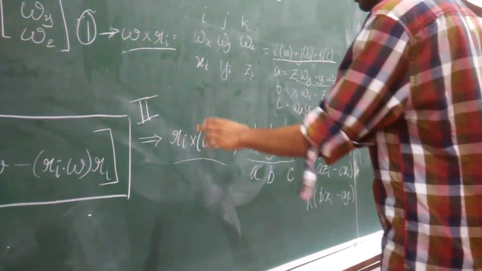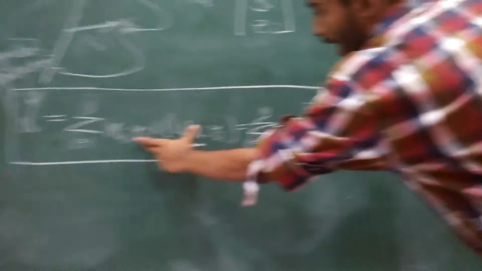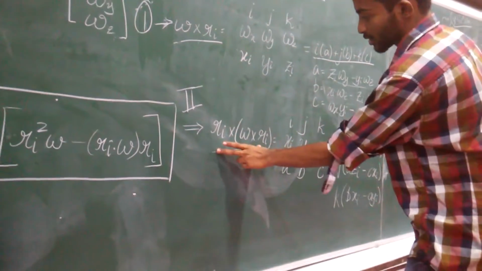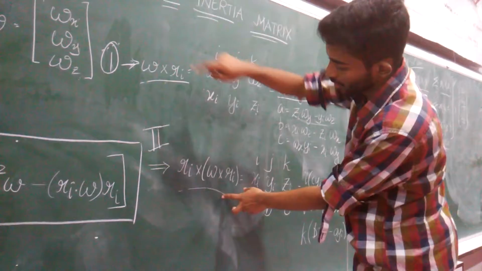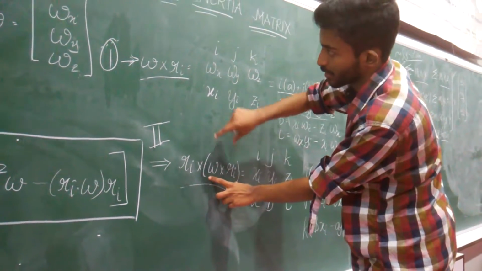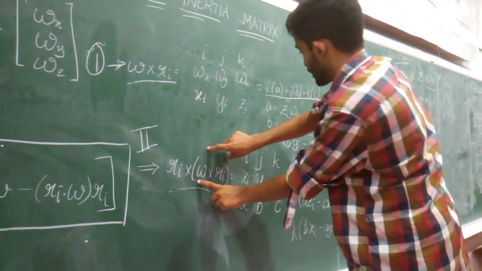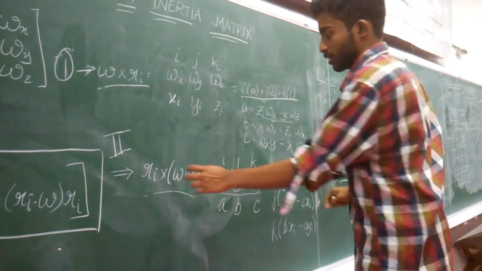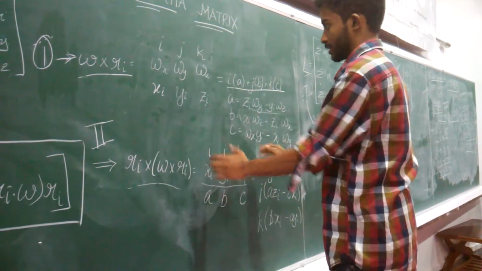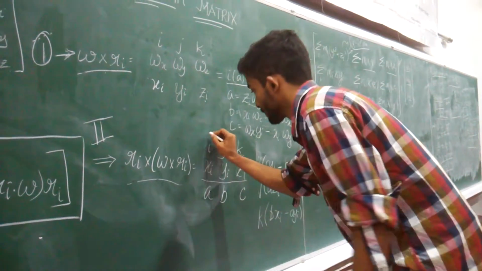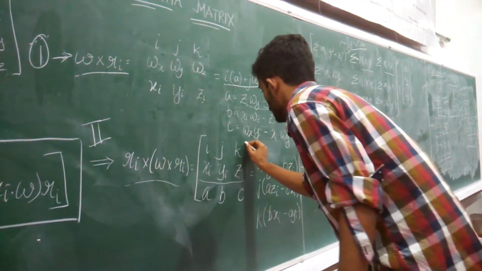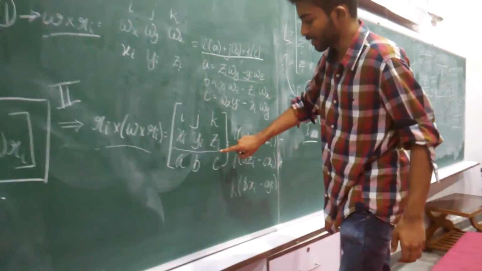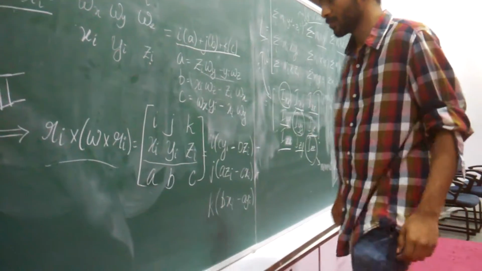Now let us take this whole part, ri cross (omega cross ri). From the above first part we get omega cross ri, which is this expression. So this whole expression in the form of a matrix can be written as the matrix of i, j, k; xi, yi, zi; and a, b, c.